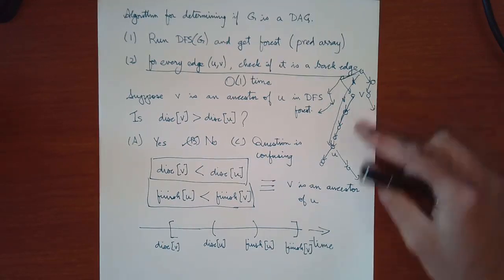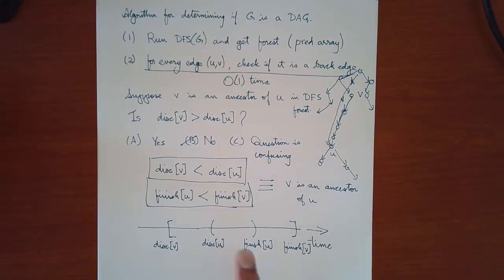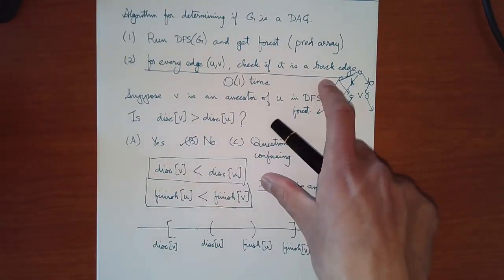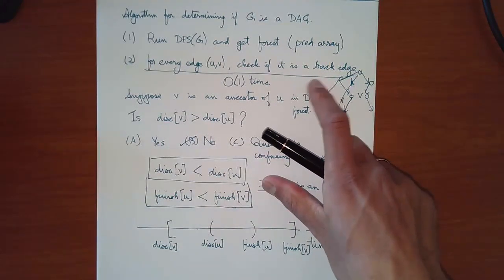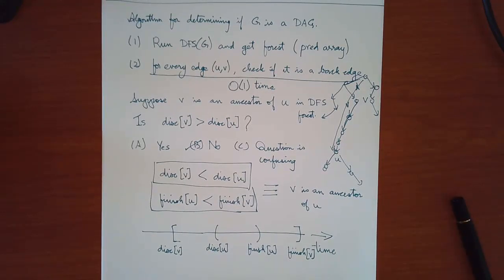And so things that are lower in the tree are going to be discovered later and finish earlier. Okay? And so you can determine if an edge is a back edge in O of one time. This picture of time over here is exactly what happens when the recursion occurs. Okay?